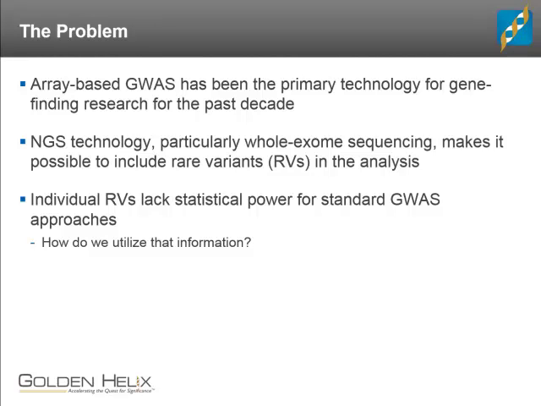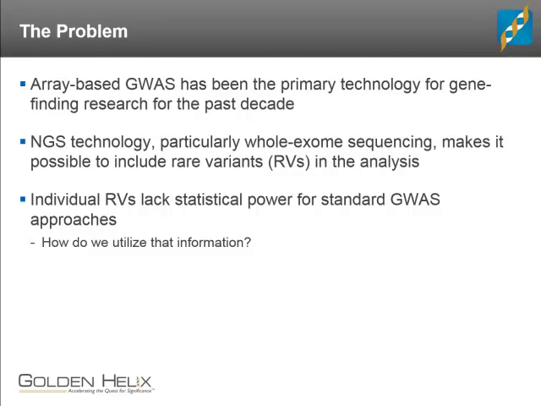Now, from a statistical perspective, those rare variants, of course, lack power for standard GWAS approaches. So if you have 1,000 samples in an experiment and you have a particular variant that's only in 2 or 3 of them, even if they are all 3 affected individuals with the disease, a typical contingency table-based test is not going to pick that up, even if it is a causal disease-causing mutation.